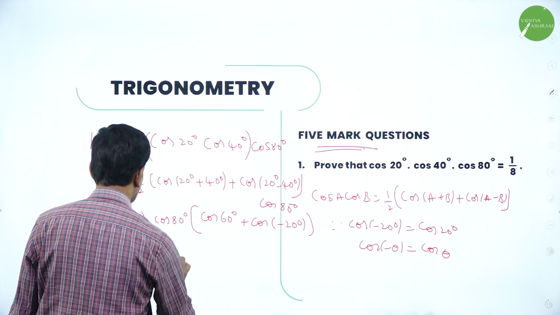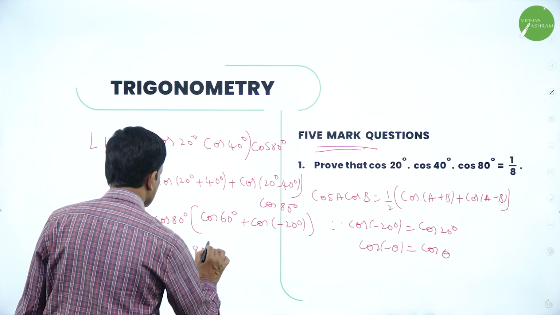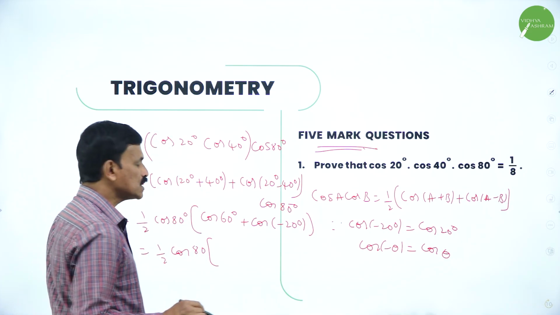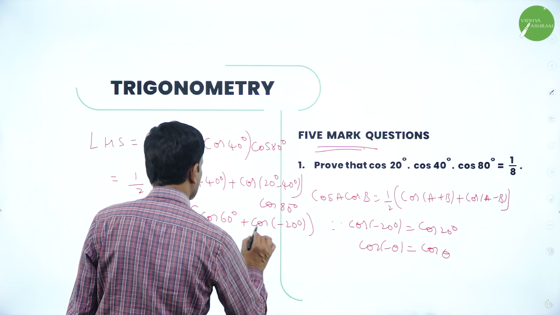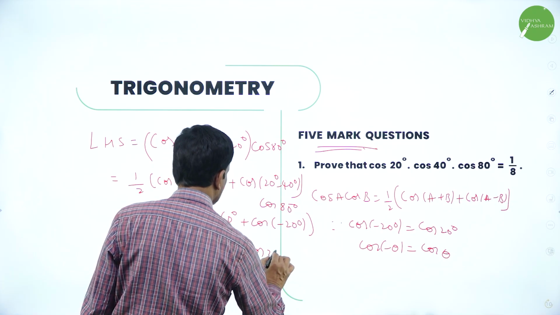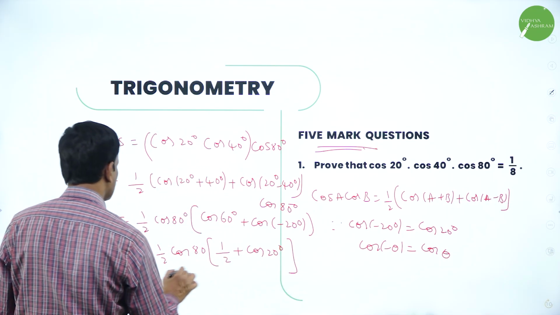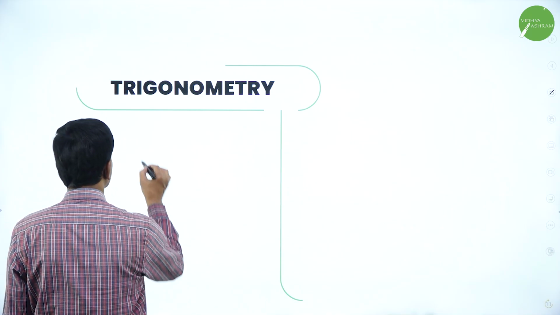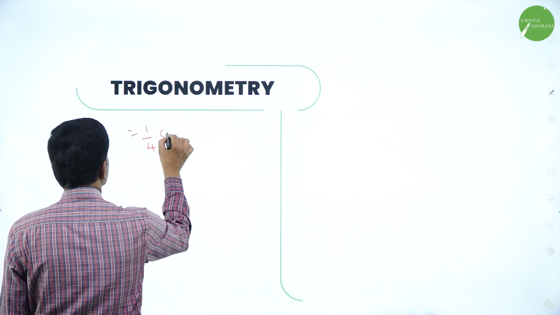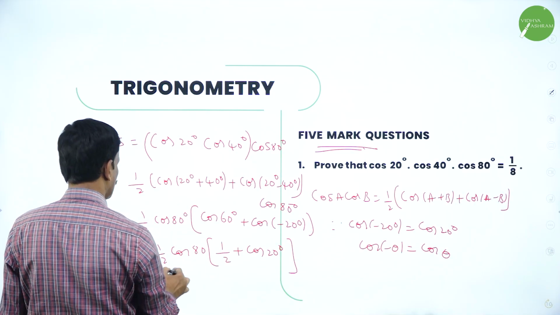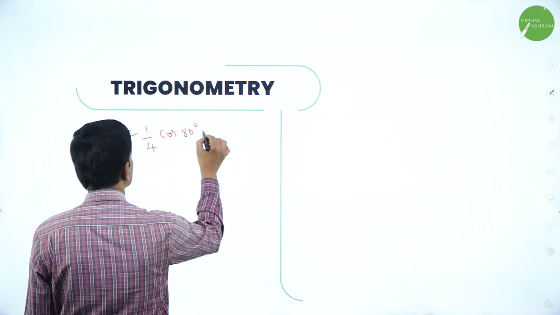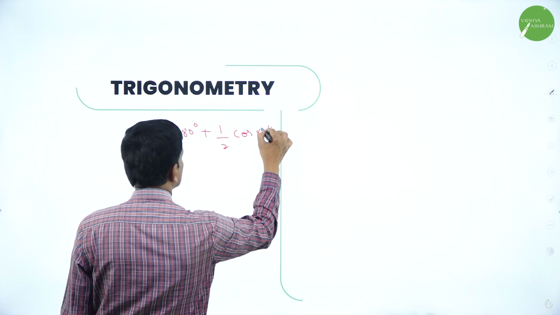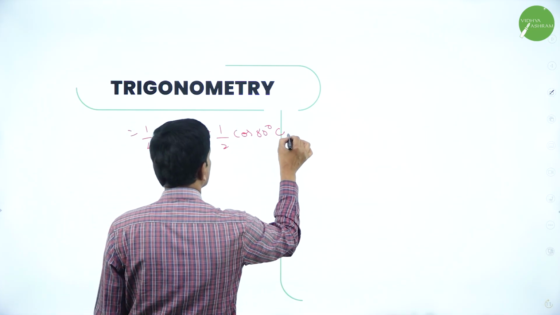So this is half into cos 80, cos 60 is 1 by 2, plus cos of 20 degrees as it is. Now multiply by half cos 80. 1 by 2 into 1 by 2 is 1 by 4 times cos 80 degrees, plus 1 over 2 cos 80 into cos 20 as it is.